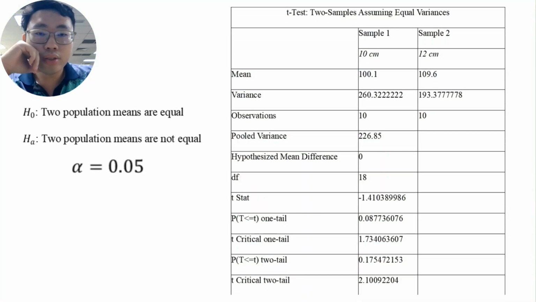Since we now know that the populations have equal variances, we can conduct another hypothesis test to test whether the two population means are equal or not. We get the output from Microsoft Excel correspondingly.